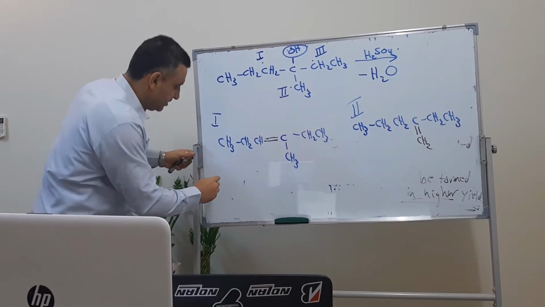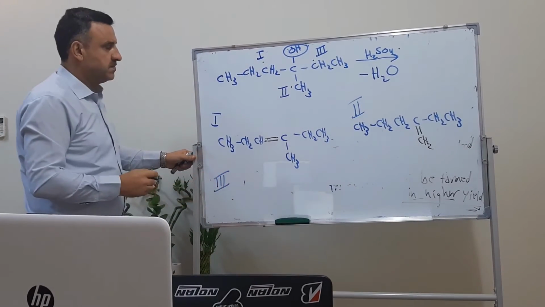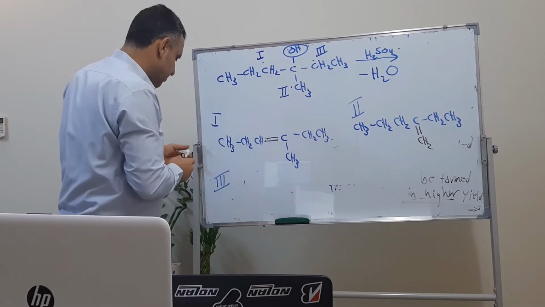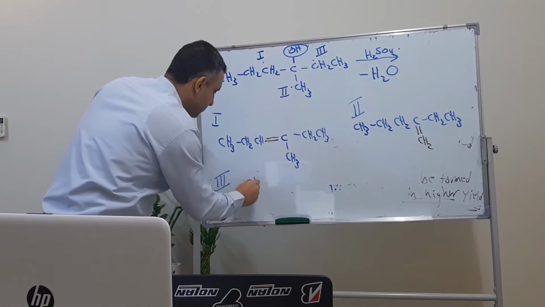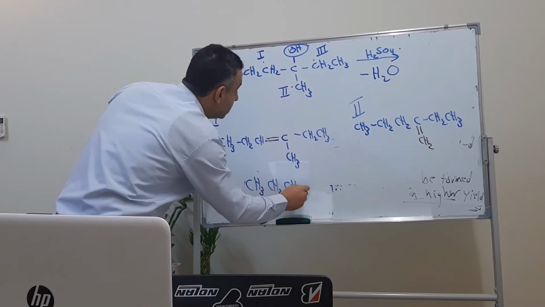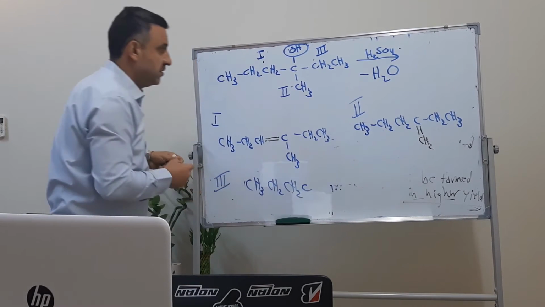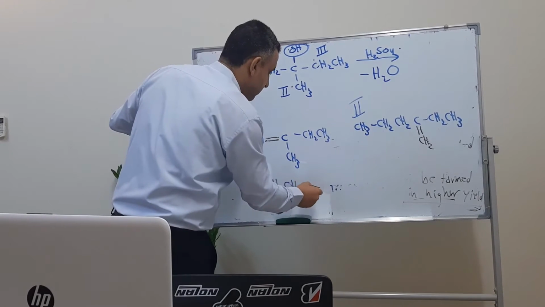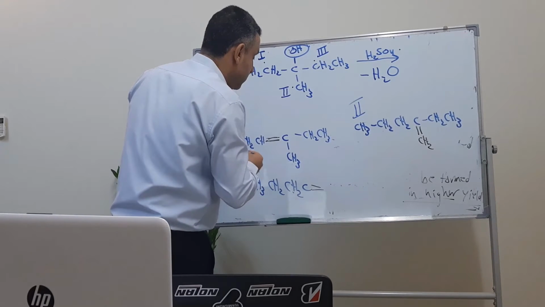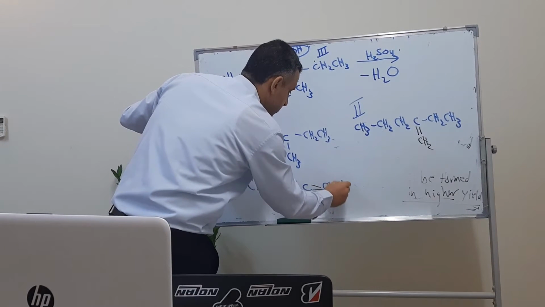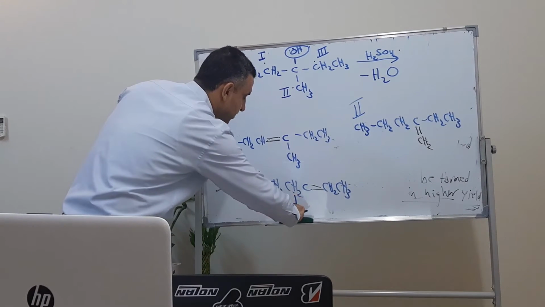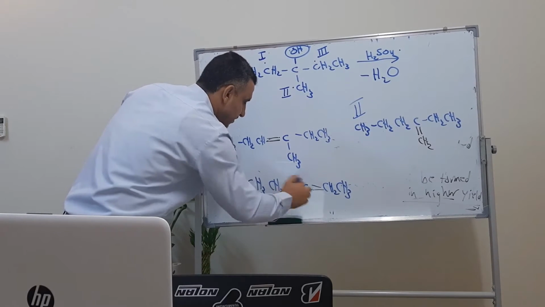The third possibility, the carbon double bond carbon will be between these two carbons, and therefore we will have CH3, CH2, CH2, then C, double bond, CH2, CH3, and then here we have a CH3. I'm sorry. We have here a CH3.